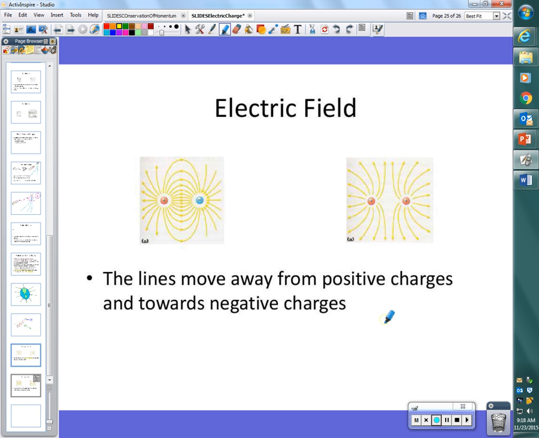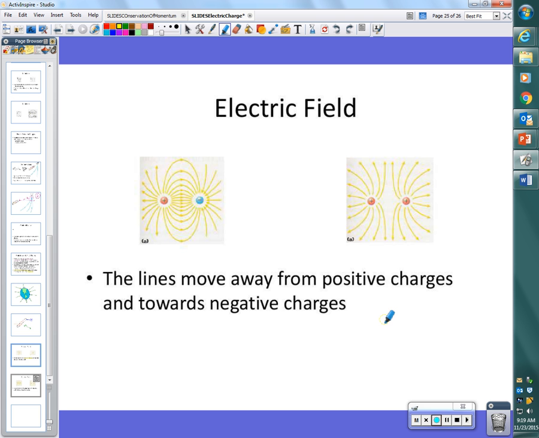All right? So this is two positive charges, right? Okay. In general, like it says on this slide, right? It says the arrows or the lines, which we call the field lines, move away from positive charges and towards negative charges, right?